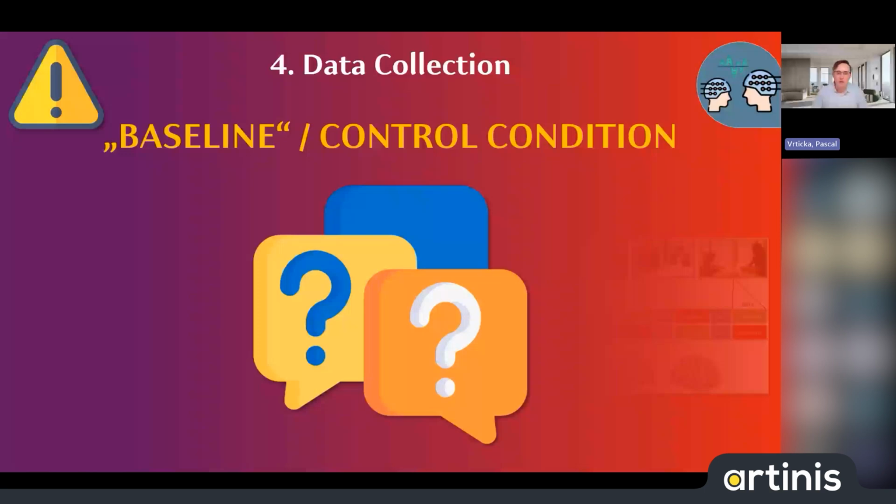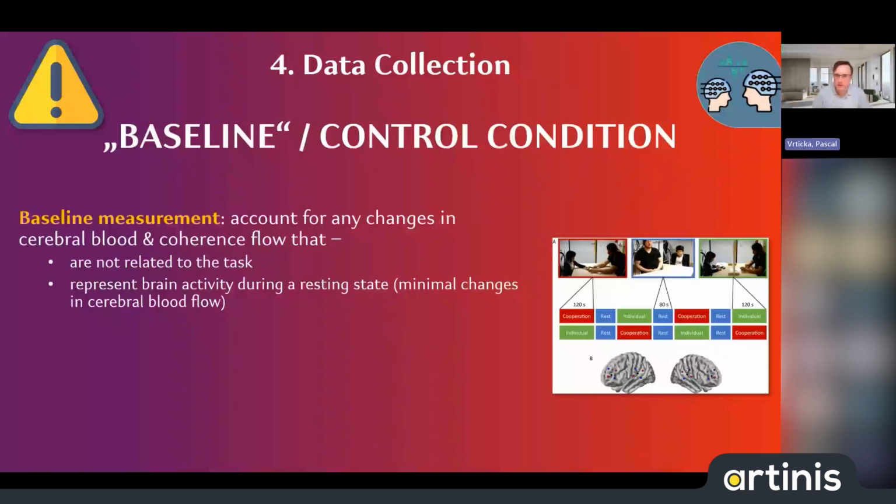Initially, in the first hyperscanning studies using fNIRS that were conducted about 10 or so years ago, mostly the comparison was done between one condition that you wanted to actively investigate and then a rest control condition. The rest control condition was not related to the task, and the brain activity during that condition was representing a resting state where you would not expect too many changes in cerebral blood flow. And this was sometimes also referred to as a baseline measurement.